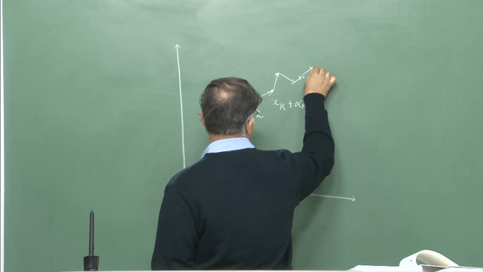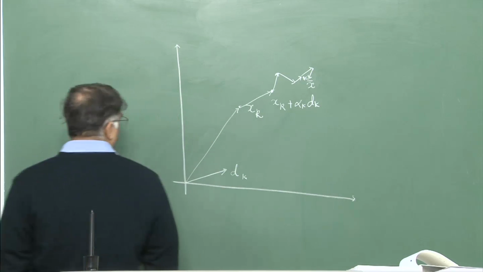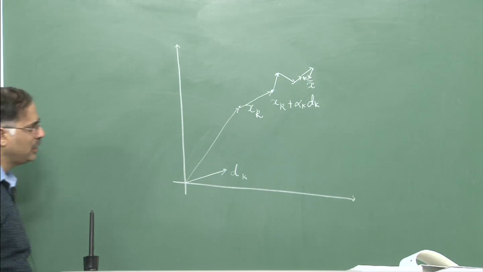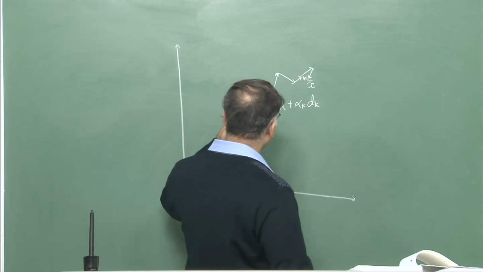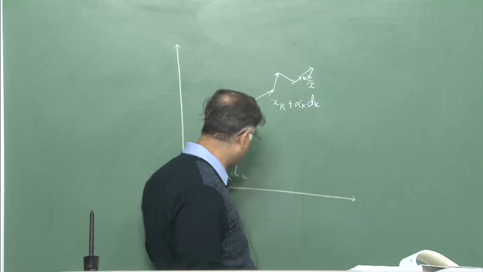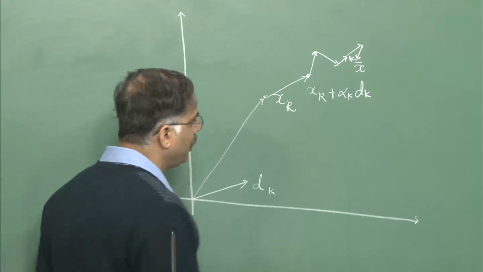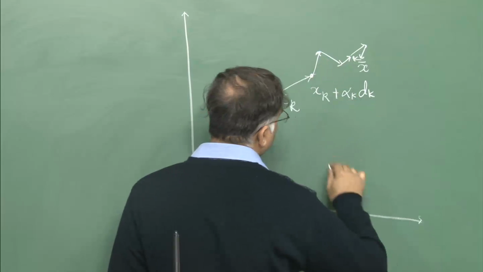So what we are essentially doing is moving along a line and searching how much we have to move along that direction dk, so we will decrease the function value.